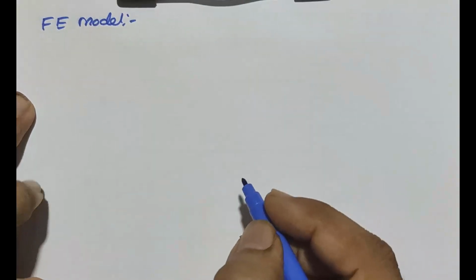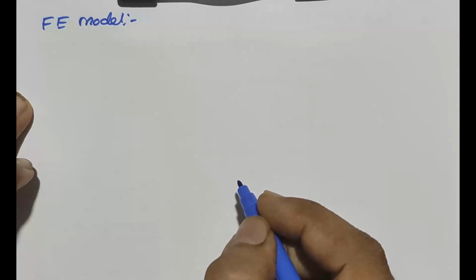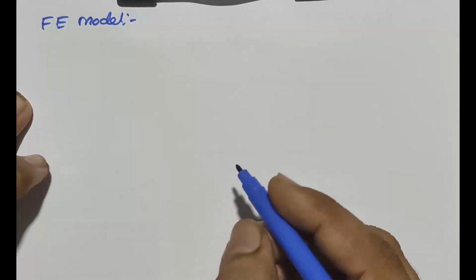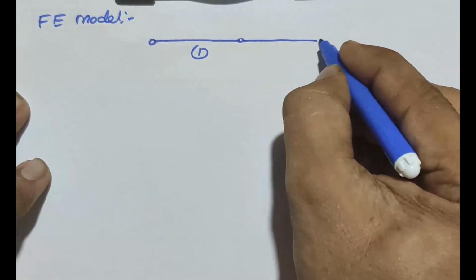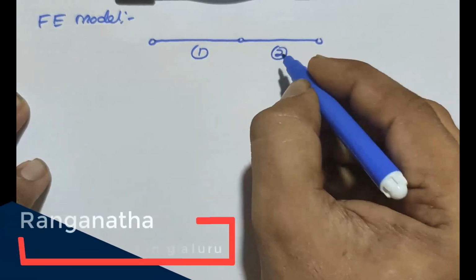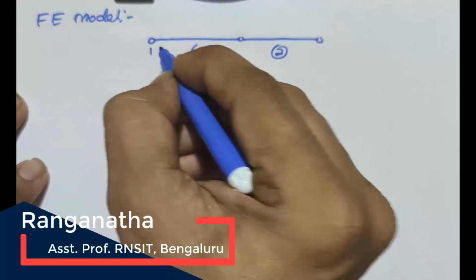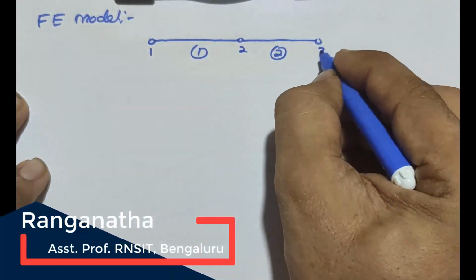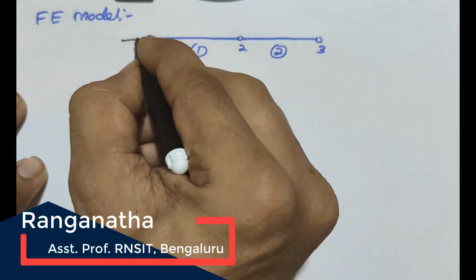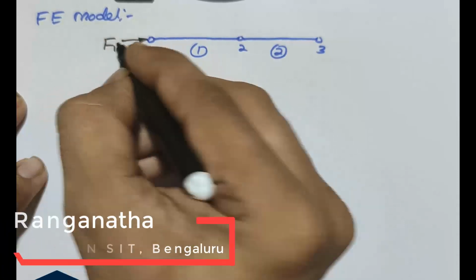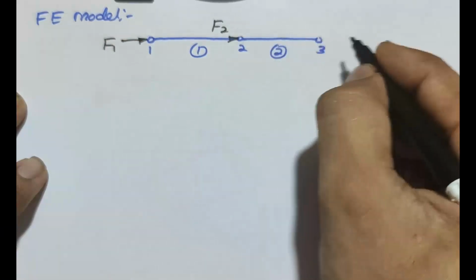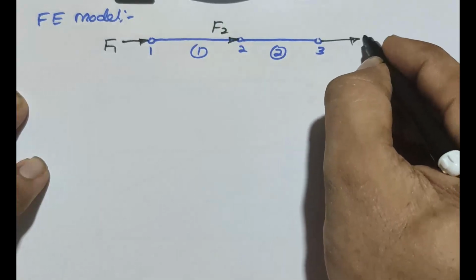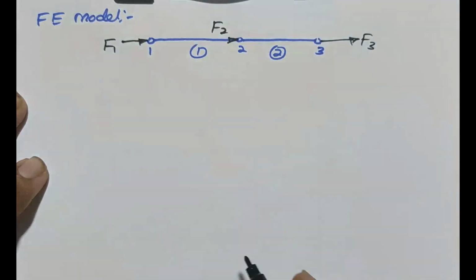So here you have to use two elements because here there are two steps. This is element number 1. This is element number 2. So node numbering 1, 2, 3. Nodal forces are F1 at node number 1, F2 at node number 2 and F3 at node number 3.